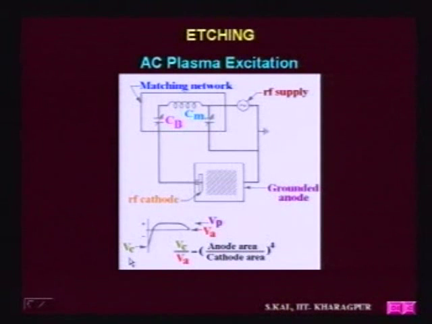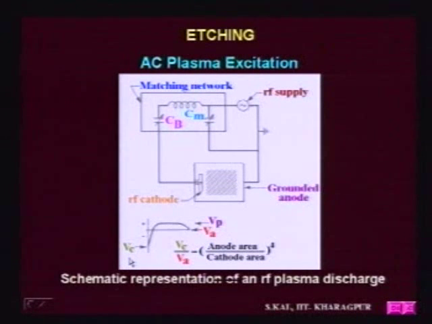Now, we will explain the AC plasma excitation. The AC plasma excitation chamber is like that. The difference between DC plasma excitation and AC is that the power supply is AC, it is not DC. In case of DC plasma excitation, the cathode and anode electrodes are fixed, they are not changing.